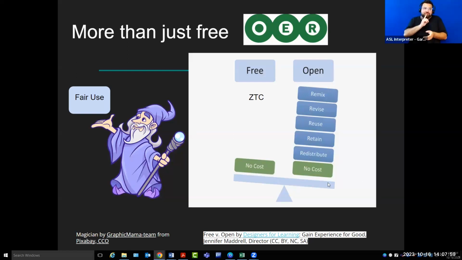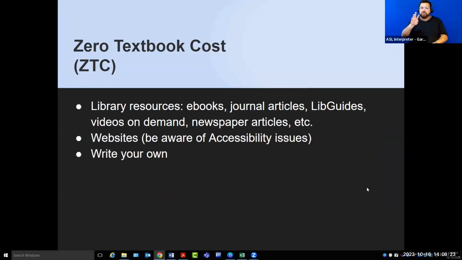There's no real magic number of pages or magic number of percentages or anything like that. If you're trying to be legal about your usage, you really should just stay away from trying to fall into fair use. Okay, just a warning. Okay, so what is zero textbook cost?